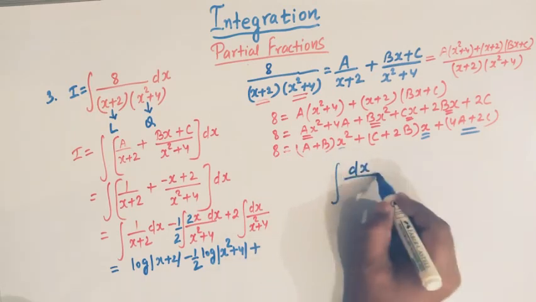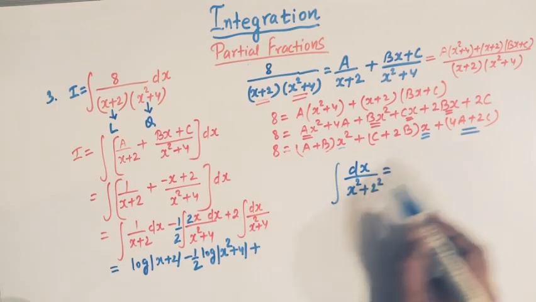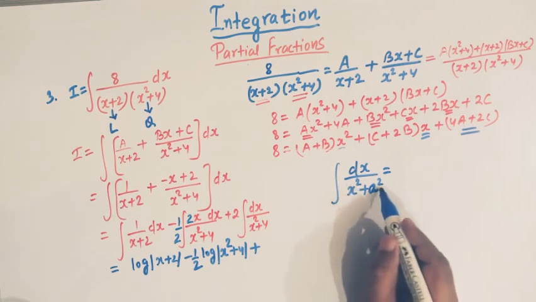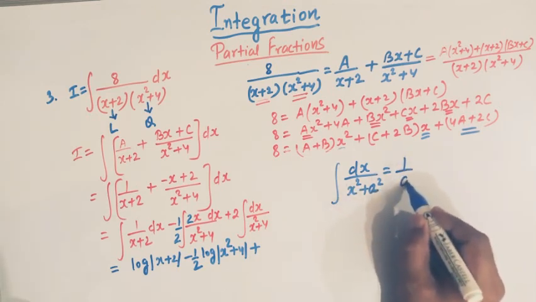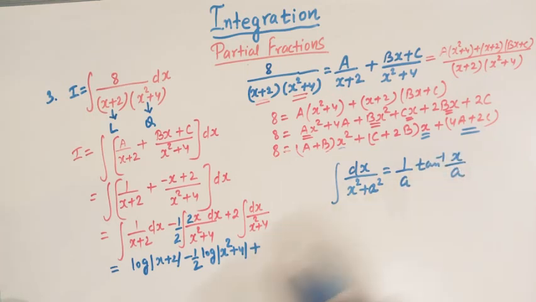Now this integral can be calculated by the formula: in general, the integral of dx over x square plus a square is 1 over a tan inverse of x over a.